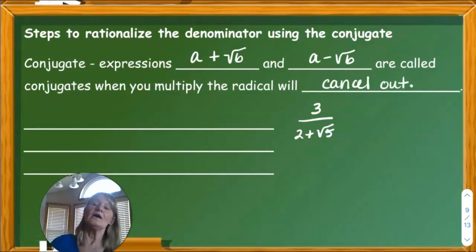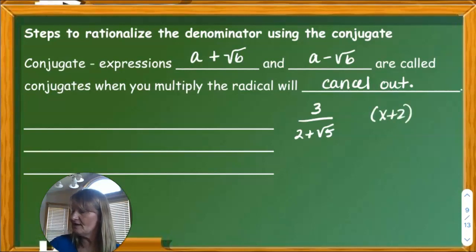We probably talked a little bit about this back when we did FOIL. I'm just going to back up and do a quick example. If you'll remember when we FOILed two things, I'm going to pick x plus 2 and x minus 2. When I do first, I get x squared.